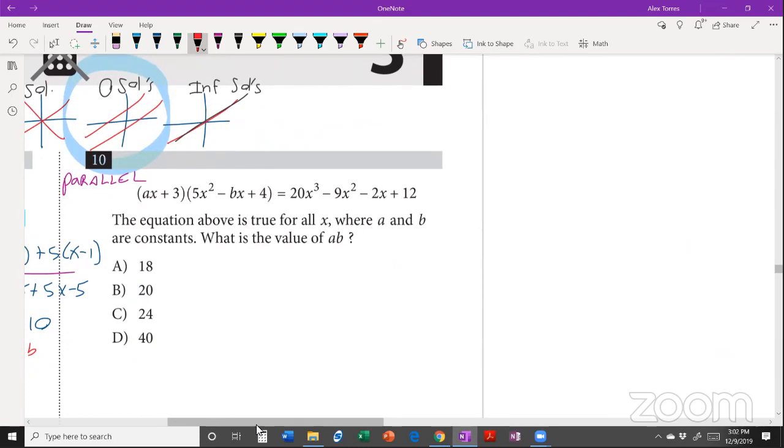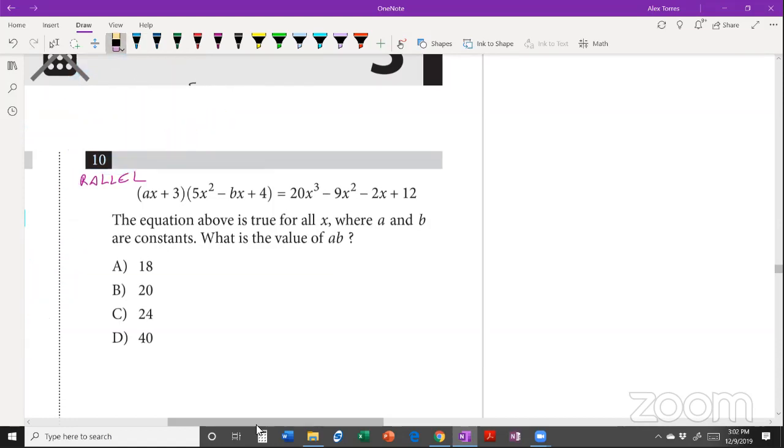Okay, so here we are talking about parallel structuring. Once again, this can be seen as an intersection. And in this intersection situation, they're saying this is true for all x.